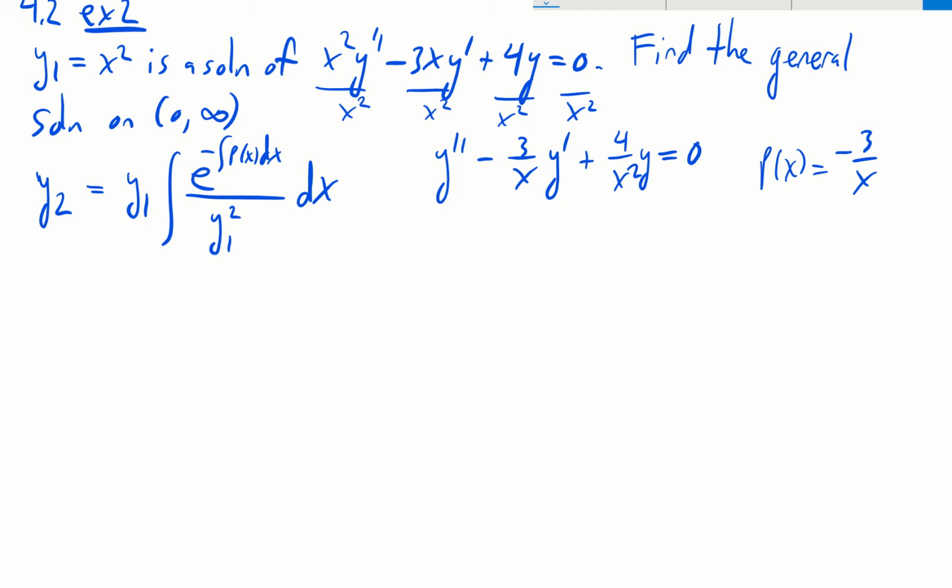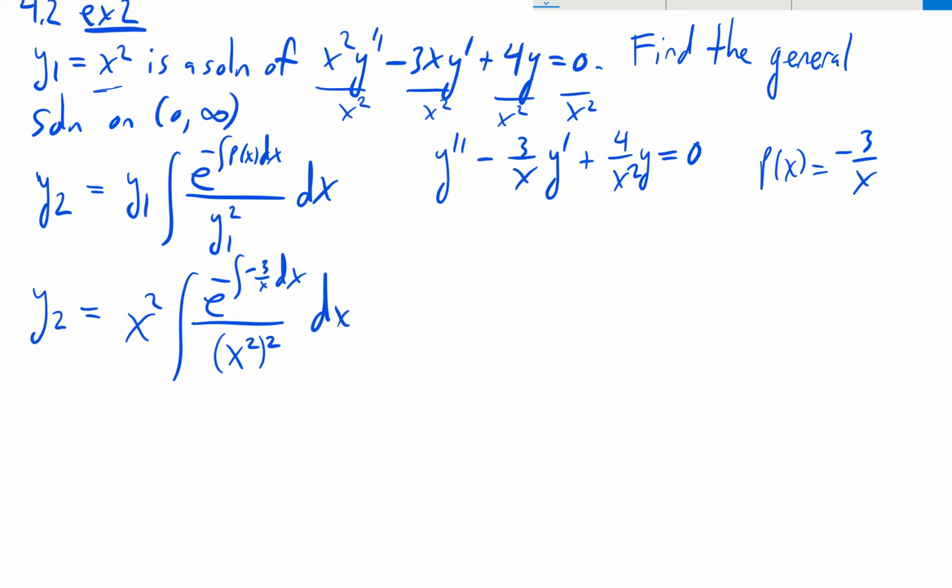So our second solution should be found by doing the following. It's going to be y2 equals, we need y1, well that's going to be x squared times the integral of e to the negative integral of p of x, that's going to be negative 3 over x dx, divided by y1 squared, that's going to be x squared squared, dx.